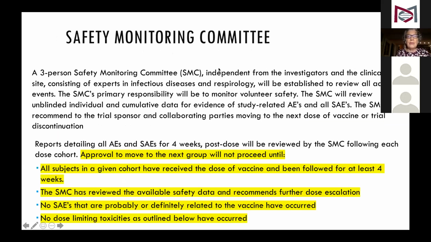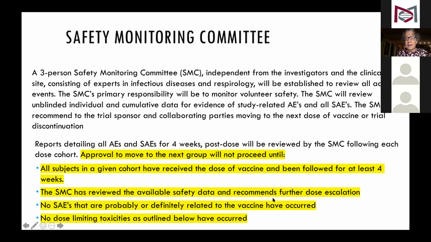We have a safety monitoring committee, independent from the investigators. It's in infectious diseases and respirology. And we use them to make decisions about moving to the next or higher group, depending on what the study design involves. So we will expect the Safety Monitoring Committee to look at the data that we provide after all the subjects have received a dose of vaccine and been followed for at least 4 weeks.